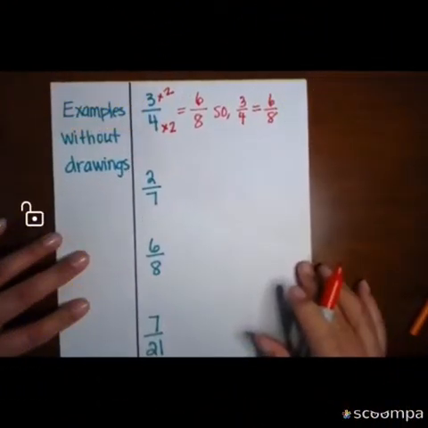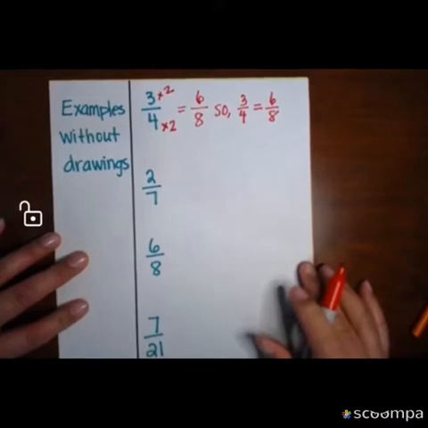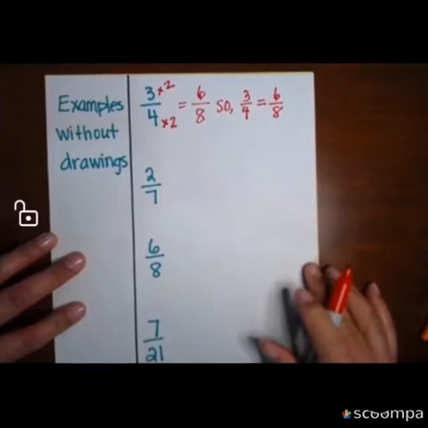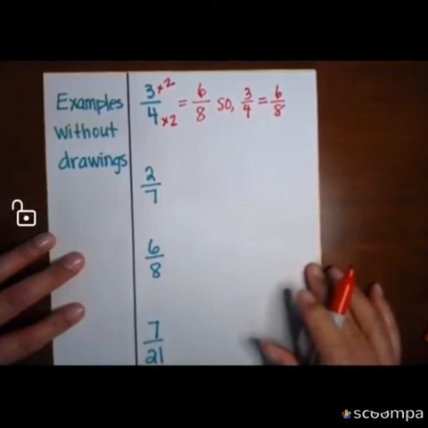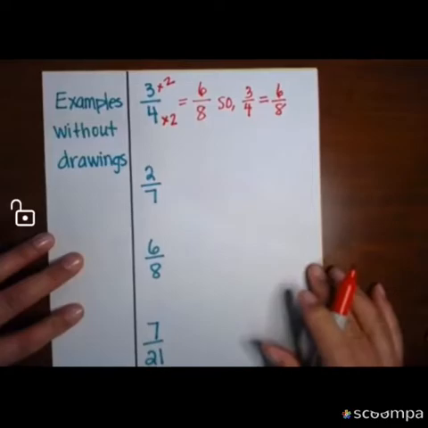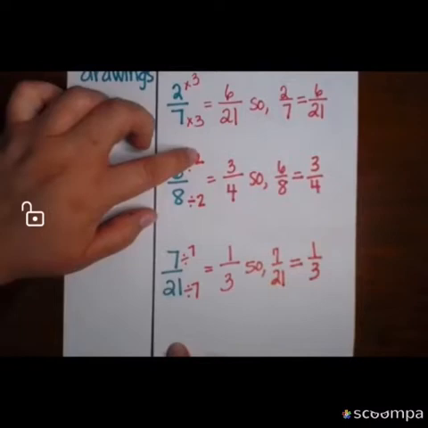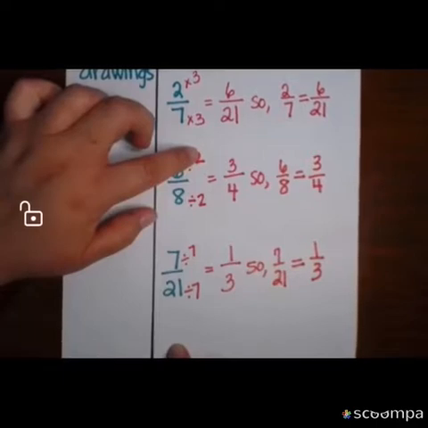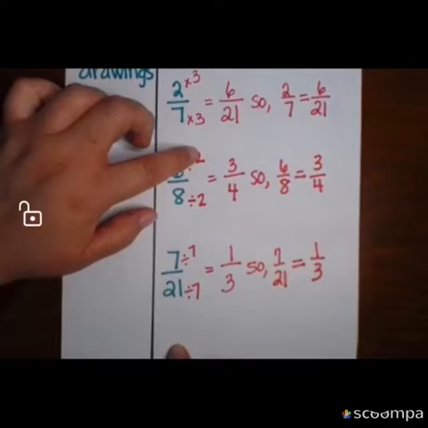Examples without drawing. 3 over 4 equals. Can you make an equivalent fraction? Yes, miss. 4 becomes 8. I must multiply by 2 in the denominator and multiply by 2 in the numerator. So here 2 times 3 and 7 times 3: 2 over 7 equals 6 over 21. 6 over 8, I will divide by 2 to simplify the fraction.